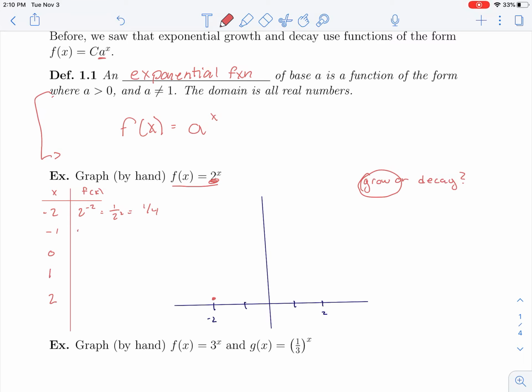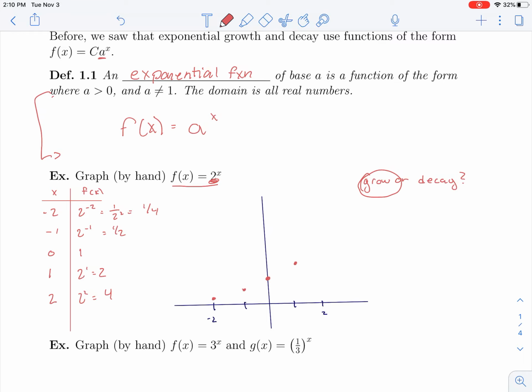And then 2 to the -1, sorry, it's 1/2. At 0, anything raised to the 0 power is just 1. 2 to the 1 will give me just 2, and 2 squared will give me 4.